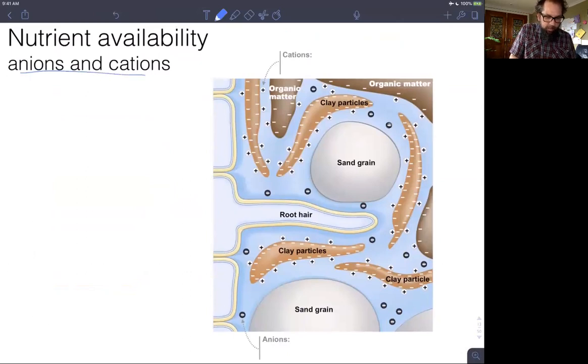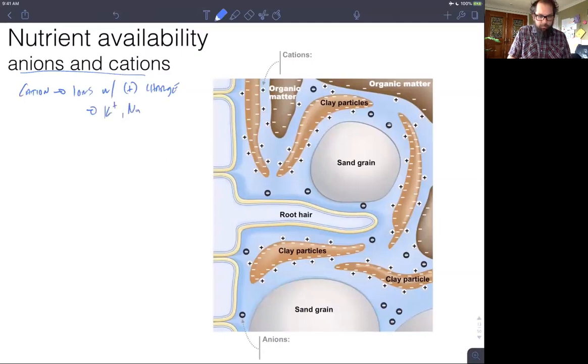All of these elements like nitrogen, phosphorus, potassium, etc., all the essential micro and macronutrients, are in the soil dissolved in water as charged particles. Cations, just as a reminder, are ions with a positive charge, and these would include things like potassium, sodium, iron. These are all examples of positively charged cations that are going to be found in the soil.